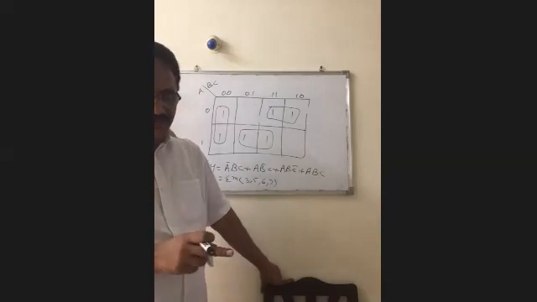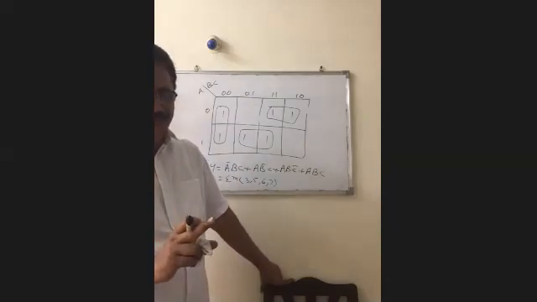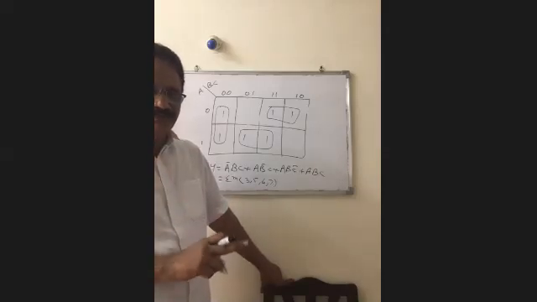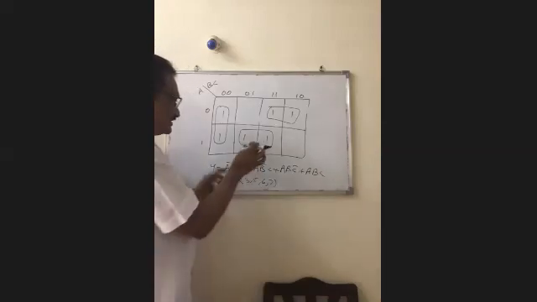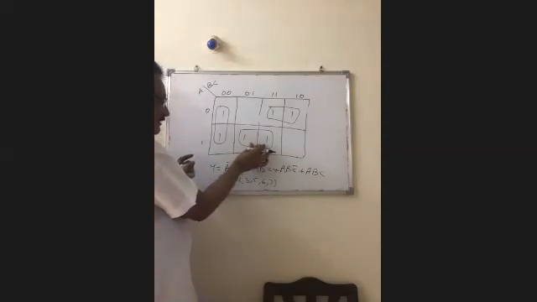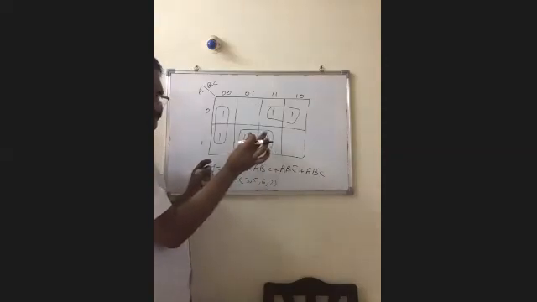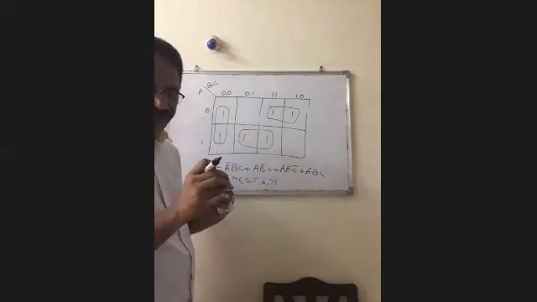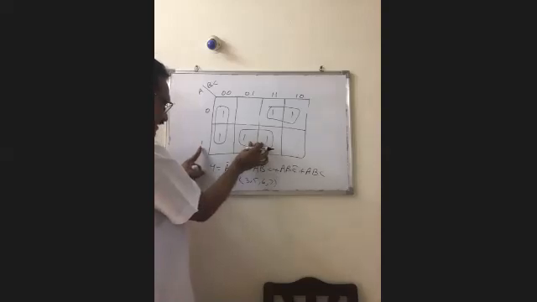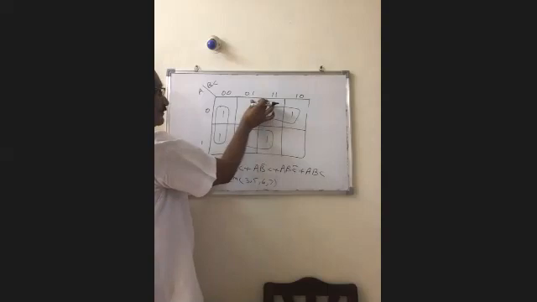For each pair, one variable is missing. For example, for this pair, the corresponding product term can be written as A, 1 A. Observe this one.